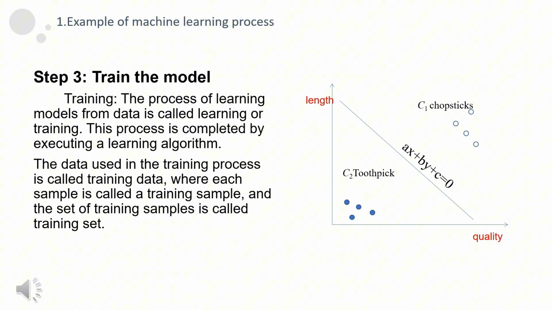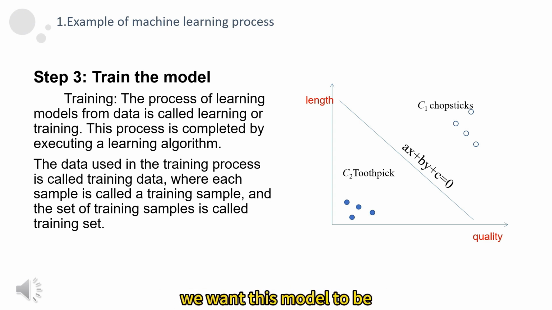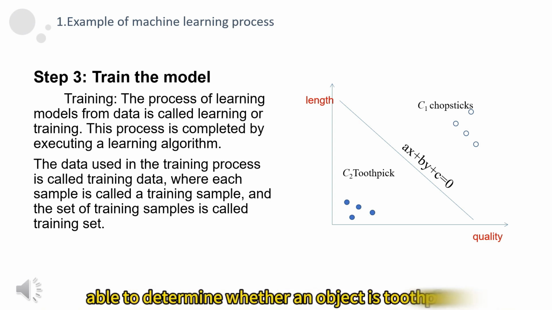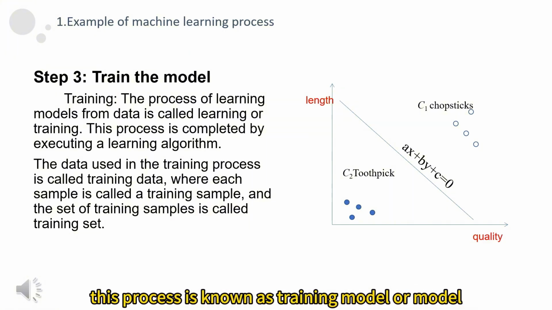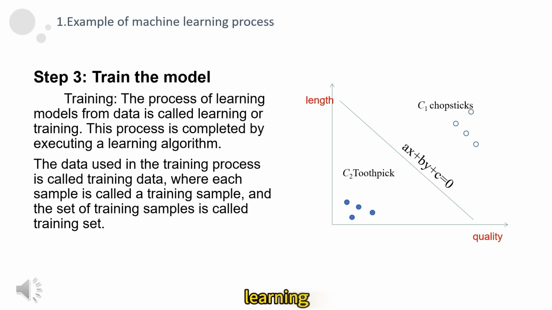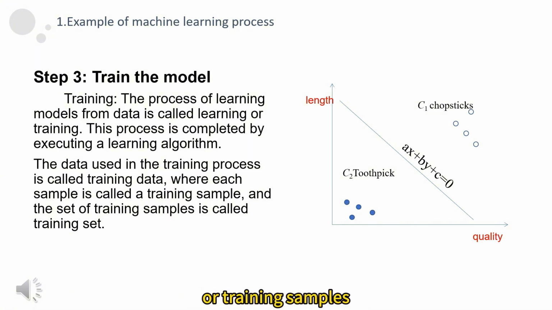Our next step, the third step, is to use the data to train our model. We want this model to be able to determine whether an object is a toothpick or a chopstick based on its length and weight. This process is known as training the model or model learning. The data we use to train the model is called the training set, or training samples.